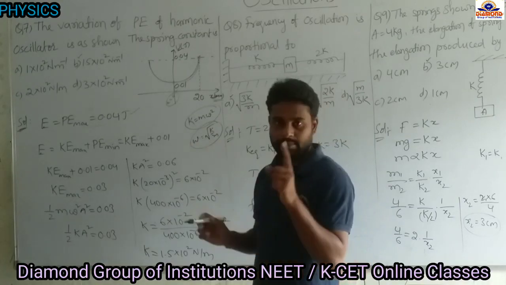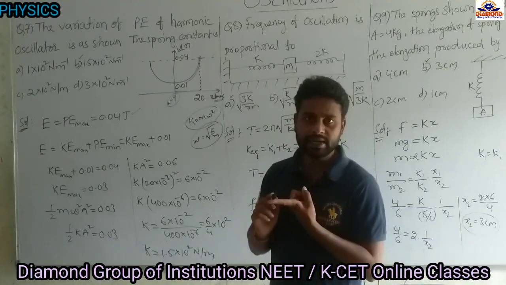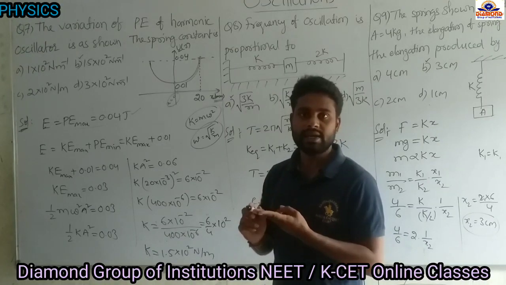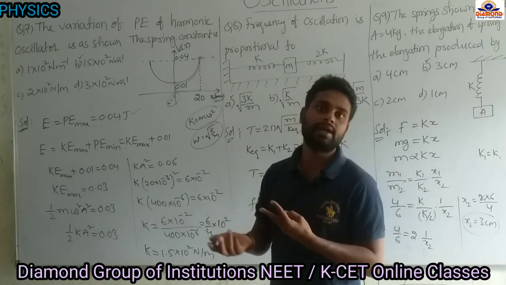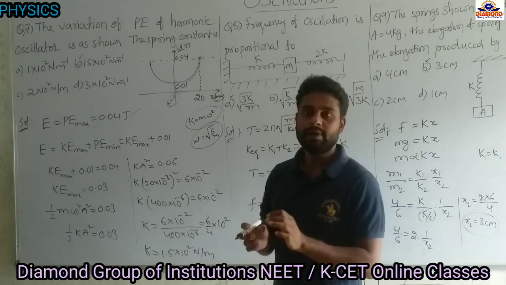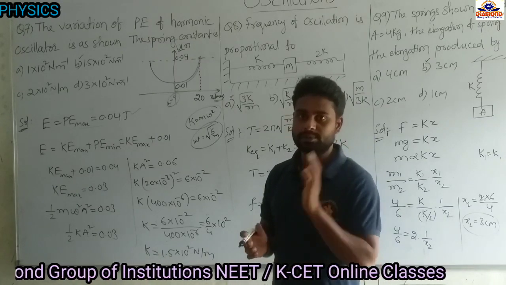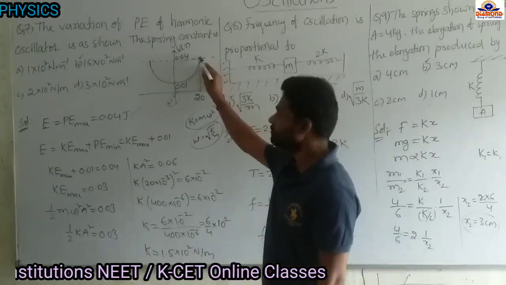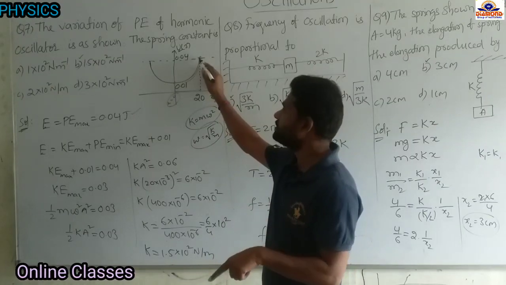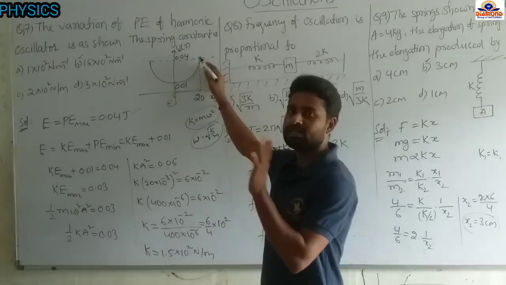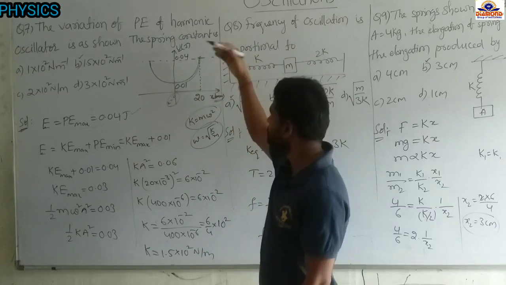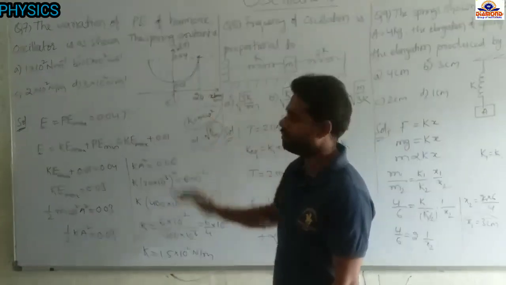So at the mean position kinetic energy is maximum, potential energy may be 0 or may not be 0, chances are there, but saying it is always 0 is the wrong option. But at the extreme the total energy is equal to the potential energy, no kinetic energy. Kinetic energy is 0 at extreme always, that point you have to remember.